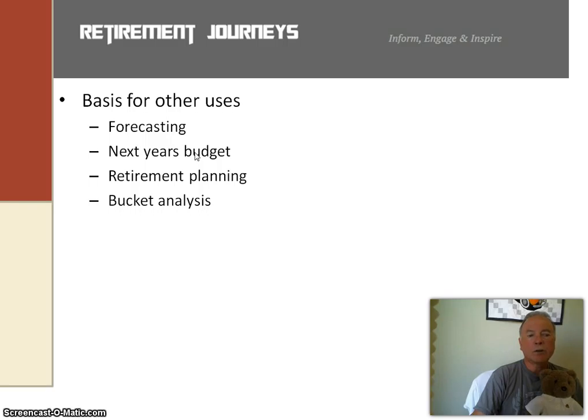And the next year's budget goes a lot smoother. For retirement planning, in fact, I'm going to show you in part 6 how the budget is an input into your strategic retirement plan. And fourth, into something called the bucket analysis. And while this isn't part of the personal budgeting series, I will likely write a blog post on retirementjourneys.com about how the budget is tied to this particular strategy for how you make your investments.